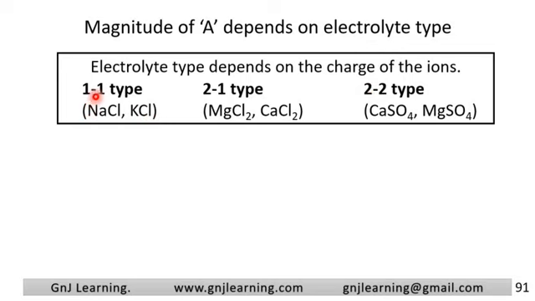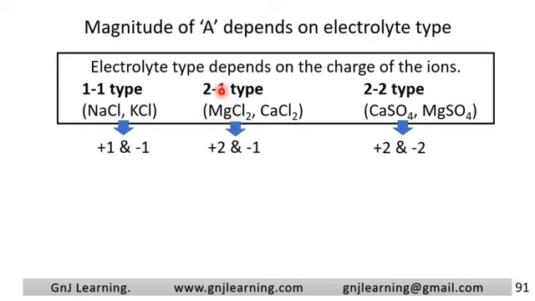In the case of 1,1 type, Na is +1 and Cl is -1. Similarly, K is +1 and Cl is -1. So if both the cation and anion have oxidation state of unity, it is called 1,1 type. Whereas in the case of 2,1 type, the cation is +2 and the anion is -1. It has nothing to do with the number of atoms, it is their oxidation state.